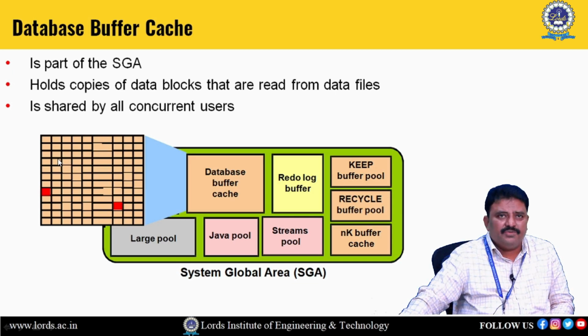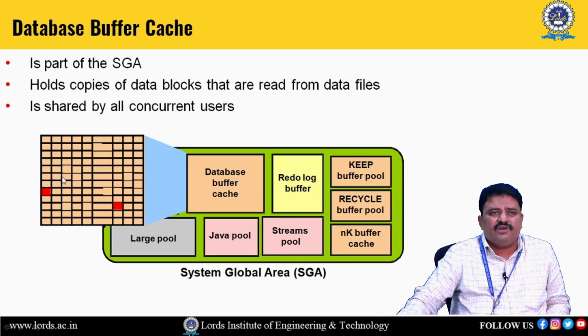Once you say commit, then only the data will be transferred from the database buffer cache to my data files. That is the persistent, permanent storage media, the hard disk.